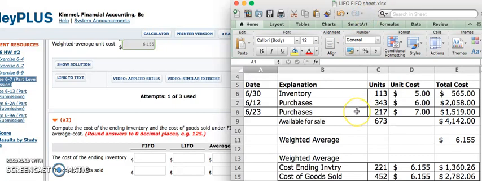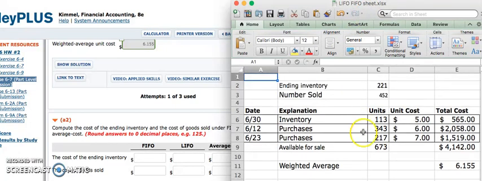First we have to know that if we had an inventory of 113 and we made two purchases here for 673, that's our total available for sale. We know we had an ending inventory of 221, that was given to us, so that means the number of units we sold would be 452.